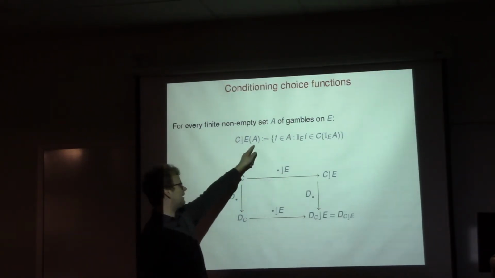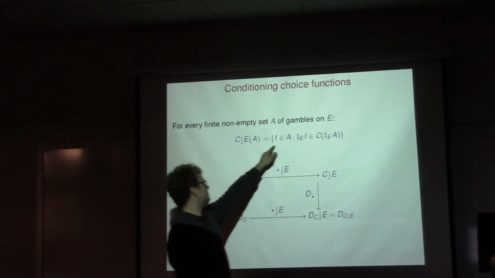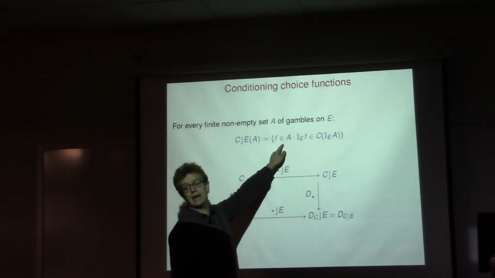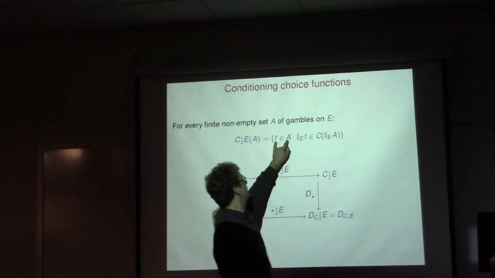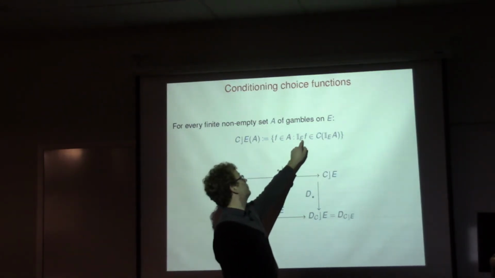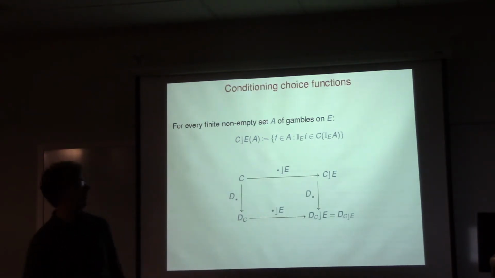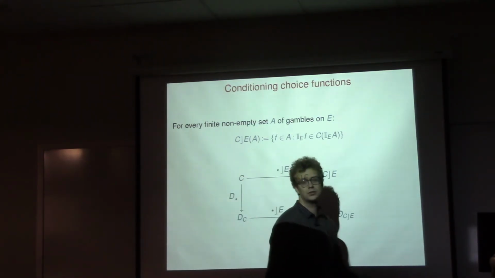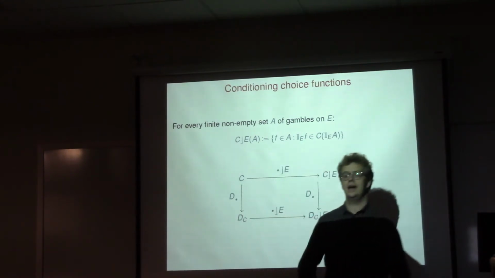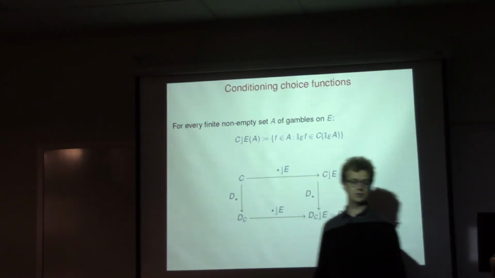Well, for any menu A, a set of gambles on E, it identifies those gambles in A for which the called-off version is chosen by the original choice function. So I plug into my original choice function only called-off gambles, and I look what it returns.